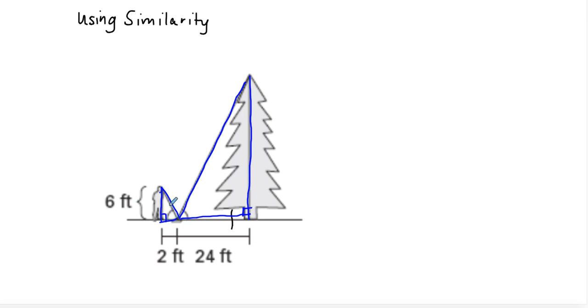We can also see that these angles of reflection are equal, so the triangles are similar. So we can give this a value of x, and we could say 6 over 2 equals x over 24. Again, I would simplify to 1 and 3, and so x would be 72, because you'd multiply 3 by 24. And so the height of the tree would be 72 feet.